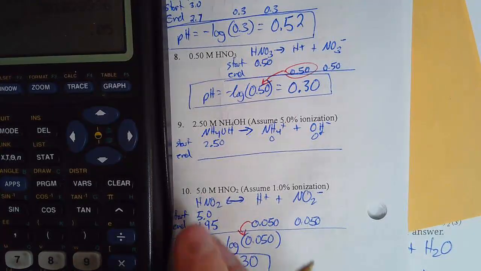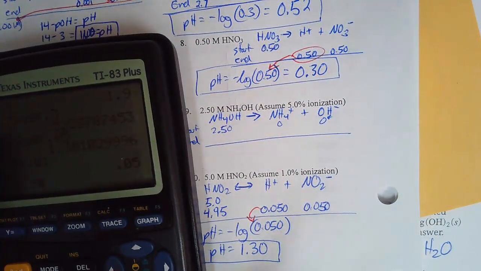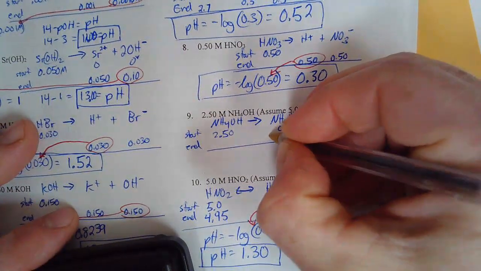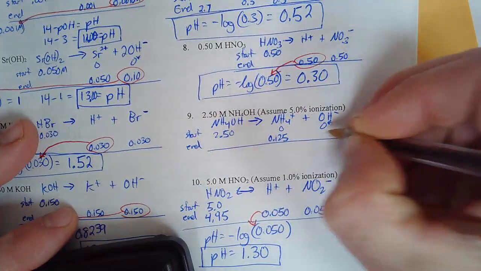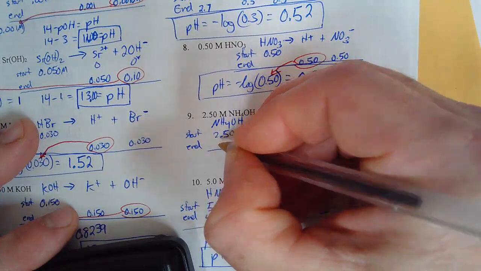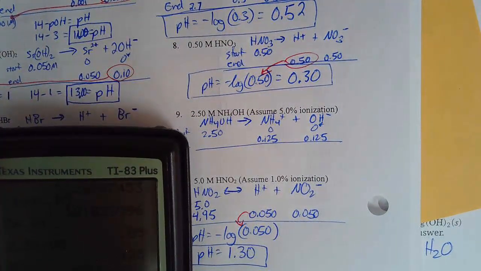So let's do that. 2.50 times 5%. And that's going to give us 0.125. And this is going to go down to 95% of its original value. So I'll show you that.